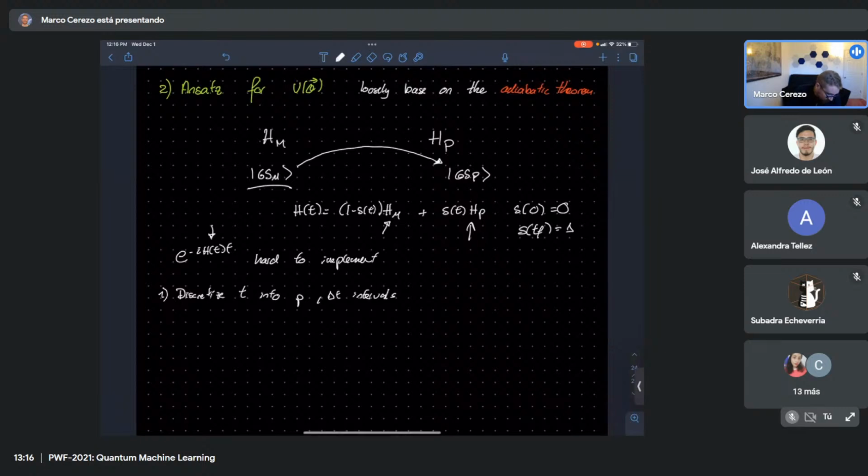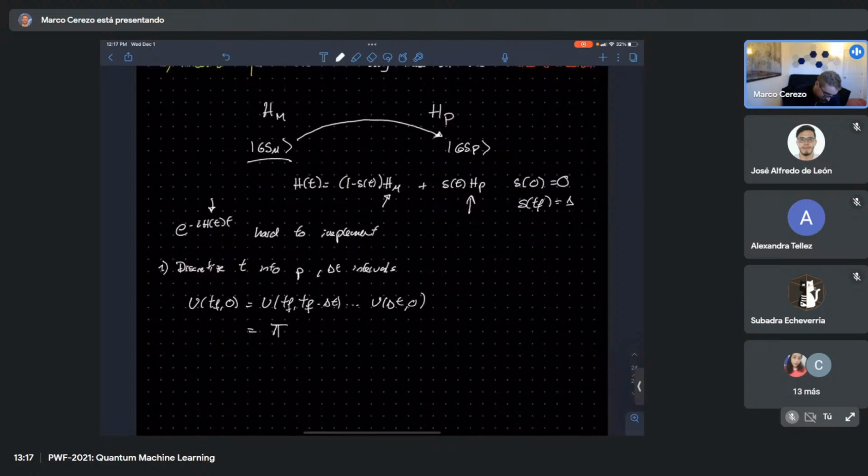So what we say is that the evolution between my final time and my initial time is going to be something that looks like this: U(Tf, 0). We can express this, of course, as a product, when j goes from 1 to p, of U evaluated between (j minus 1) delta t and j delta t. This is, of course, e to the minus i H evaluated at j delta t, times delta t.